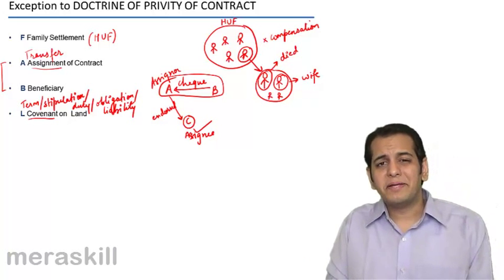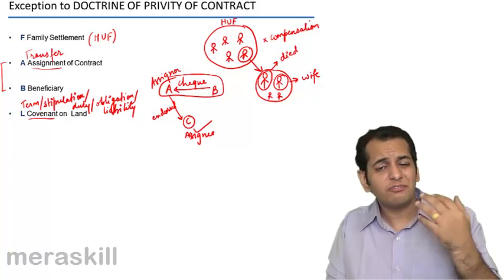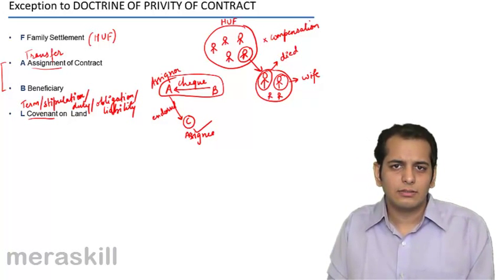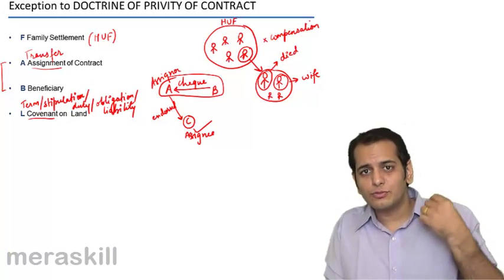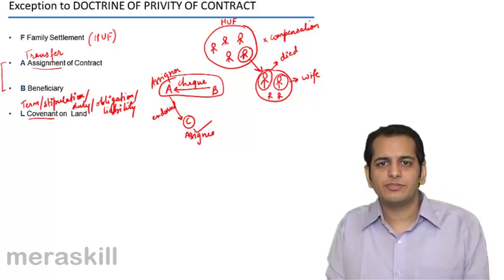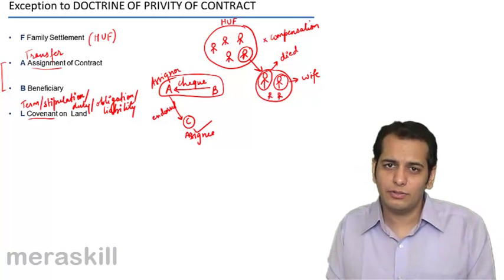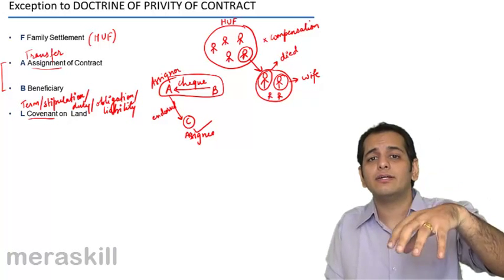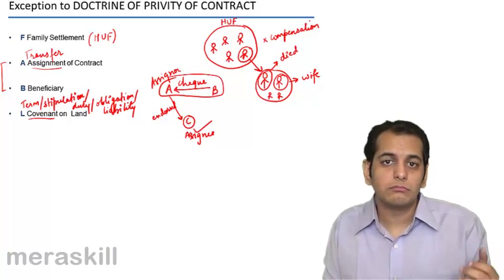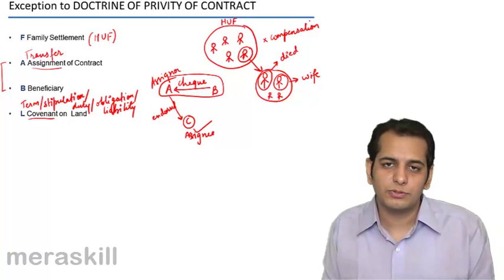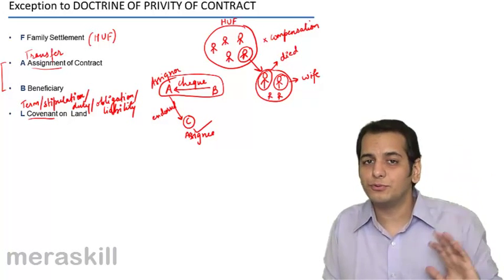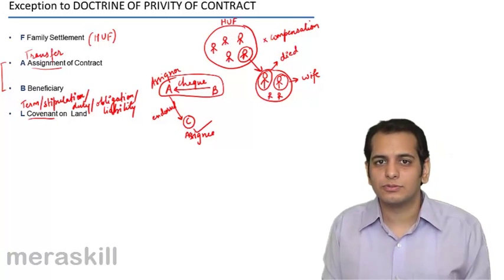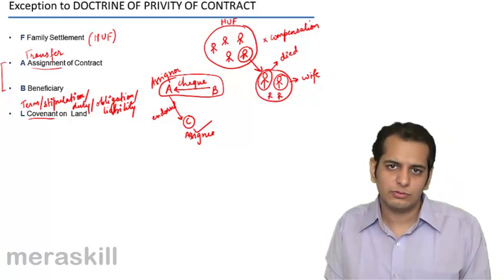Many a times in case of land deals, the seller tends to put a condition, a stipulation or a term in the contract saying that this land should not be used for construction purposes. This land should only be used for agricultural purposes. You should only do agriculture on this.